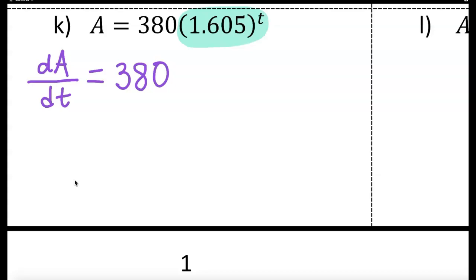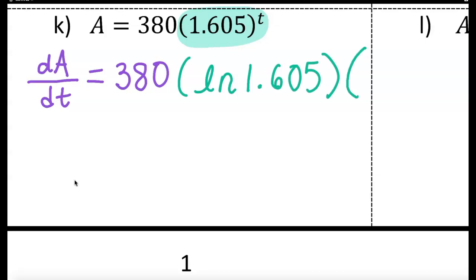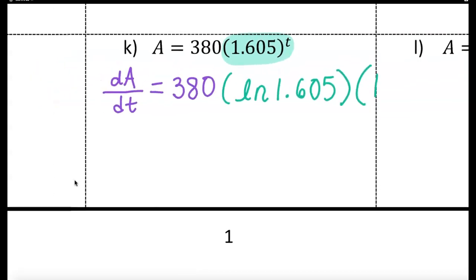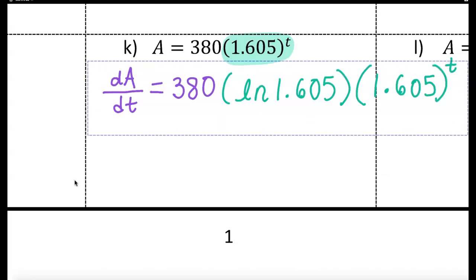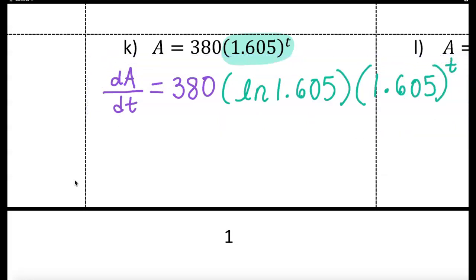So what is that going to be? That is natural log of 1.605 getting multiplied by 1.605 to the tth power. And I know it's not the prettiest answer, but oh well, it is what it is.